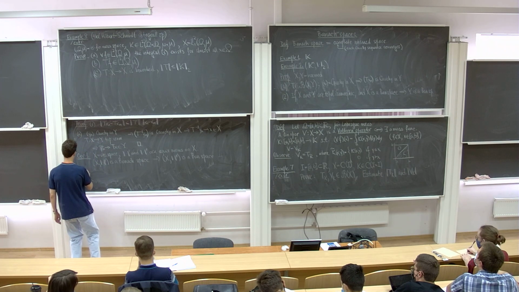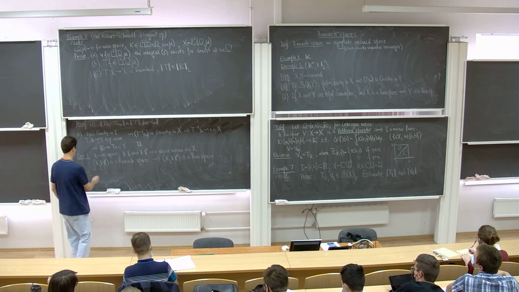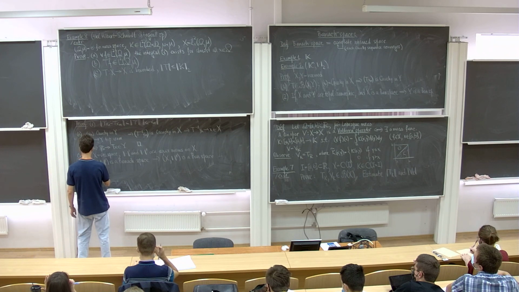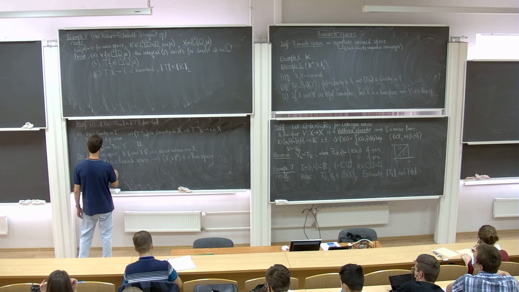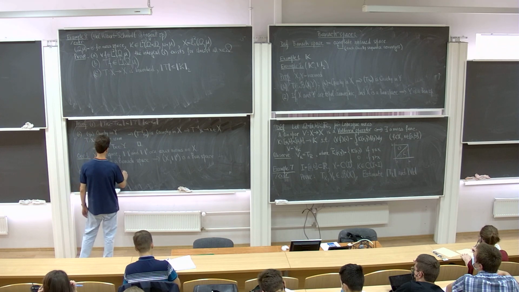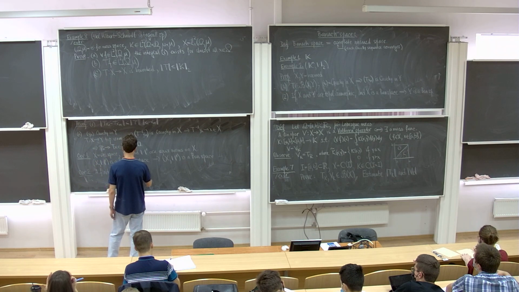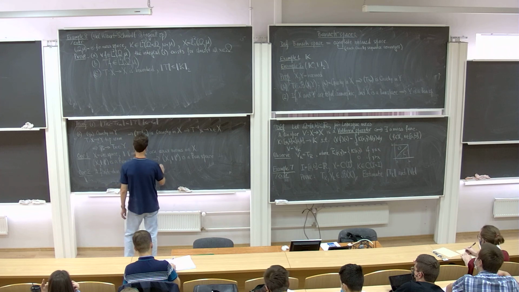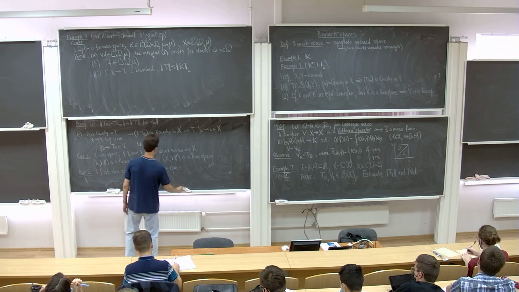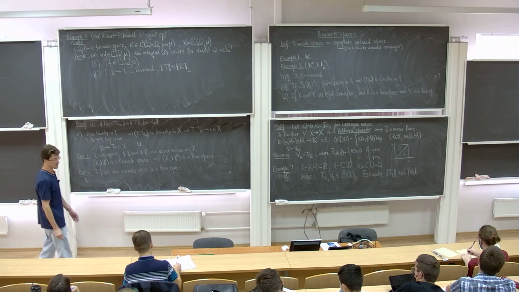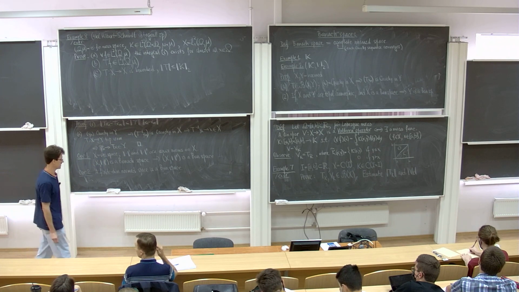Now corollary 2, which follows from corollary 1: a finite dimensional normed space is always a Banach space. Indeed, we already know that all norms on a finite dimensional vector space are equivalent.